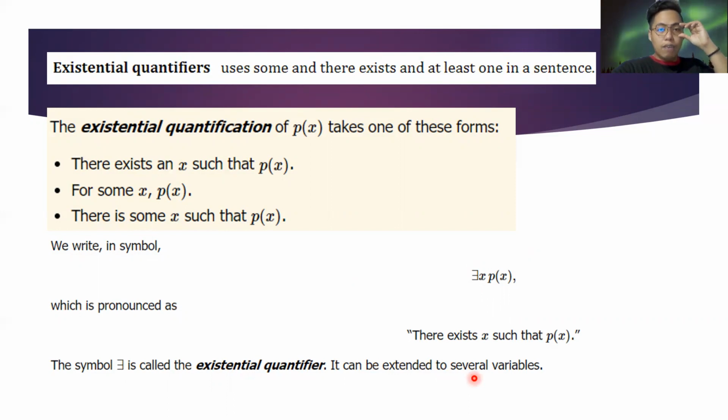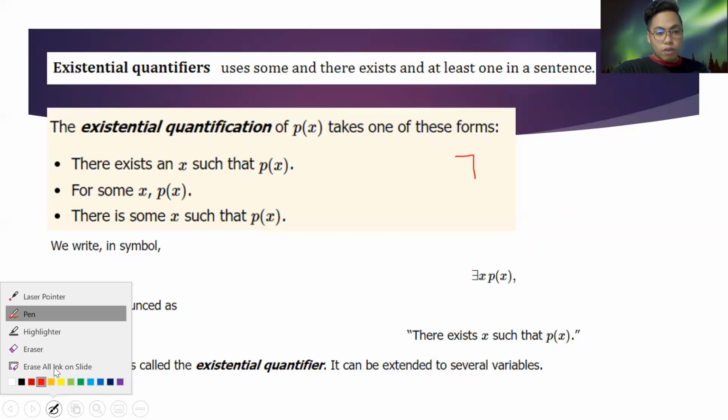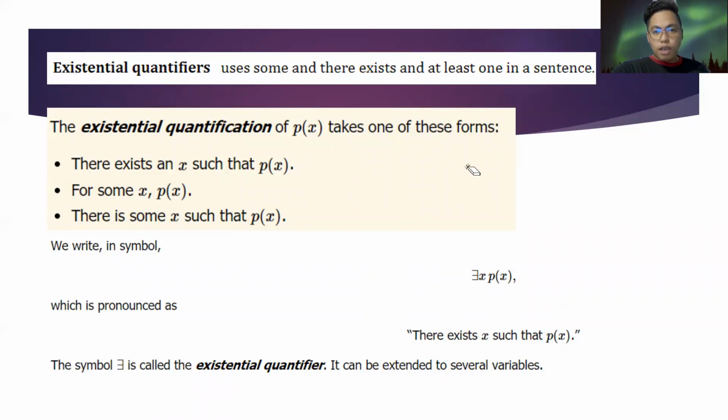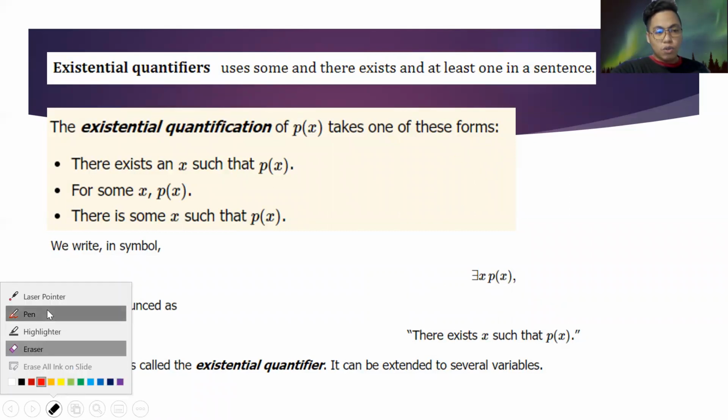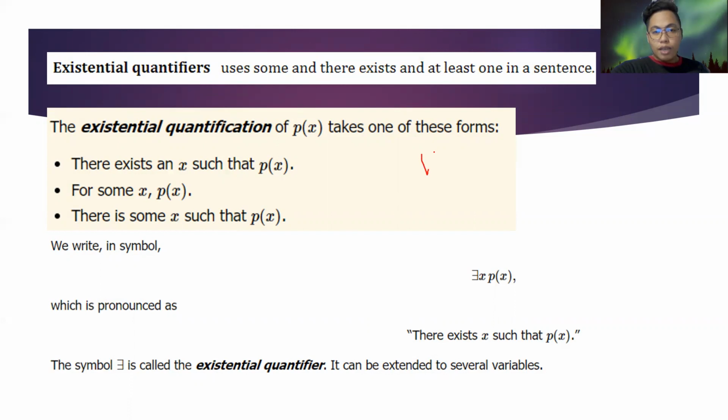Let us give an example to understand. This one is not true, unlike our example earlier, which was correct: for all x, x squared is greater than 2.